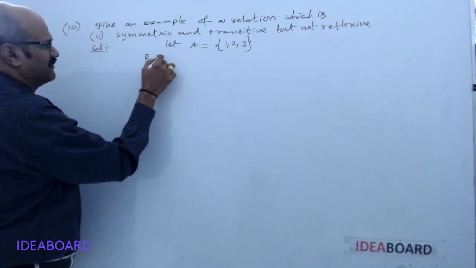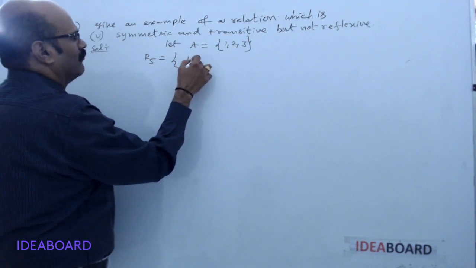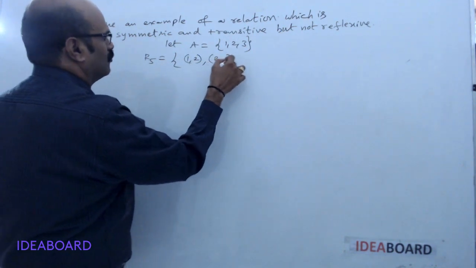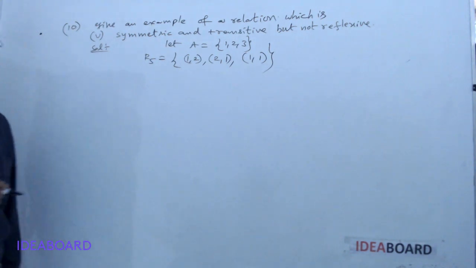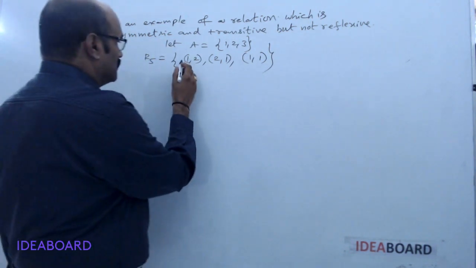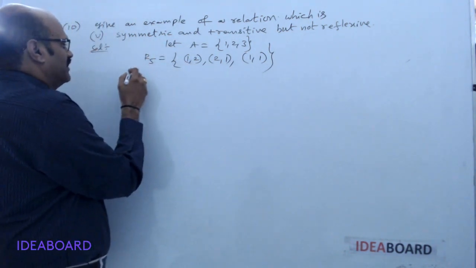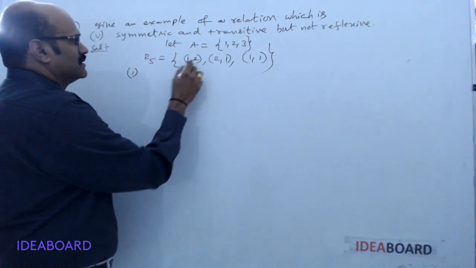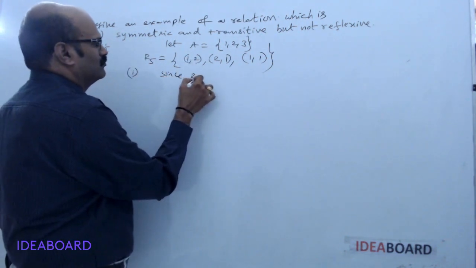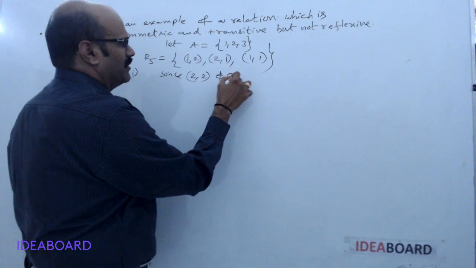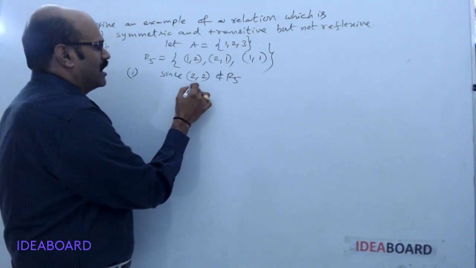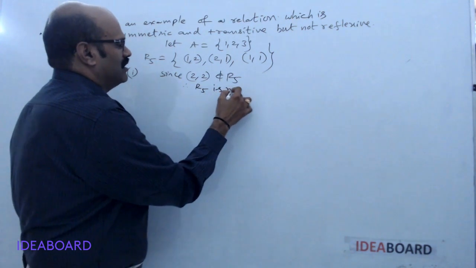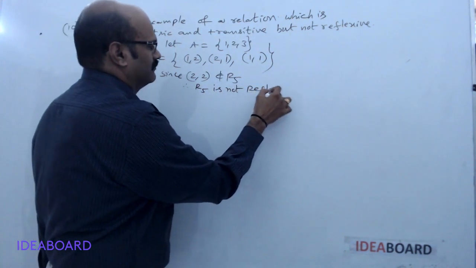Relation R5 is defined by {(1,2), (2,1), (1,1)}. Now we have to verify whether it is reflexive or not. Since (2,2) does not belong to R5, R5 is not reflexive.